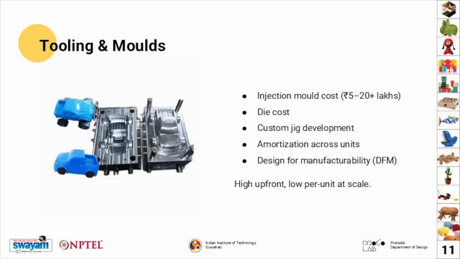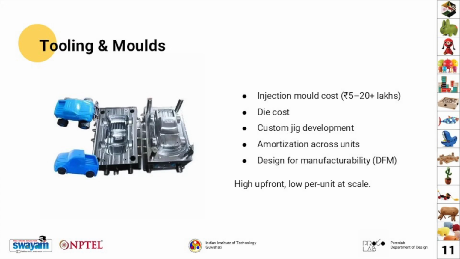If your mold costs 10 lakh and you produce 10,000 units, that's rupees 100 per unit just from tooling. If you produce 1 lakh units, tooling cost drops to rupees 10 per unit. This is why scale matters.